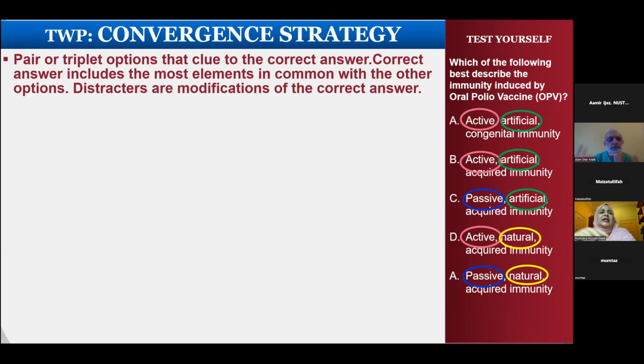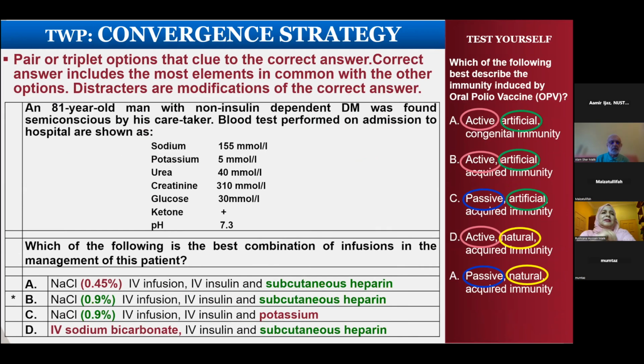The convergence strategy is when pair or triplet options are given as a clue to the correct answer. Correct answers include the most elements. I'll show you how this happens. There is a clinical scenario given. The good type of student, the test-wise student, will not read the statement, neither will they read the lead-in. What they will do is identify that this is a best answer question.